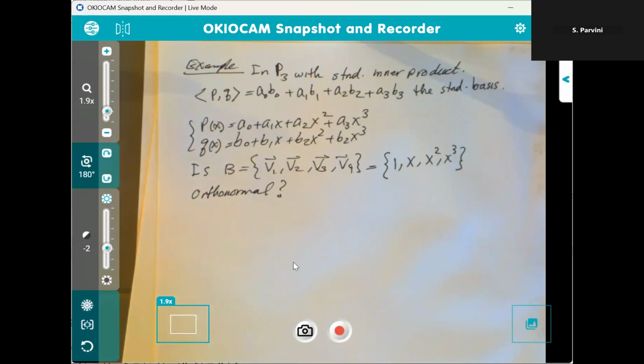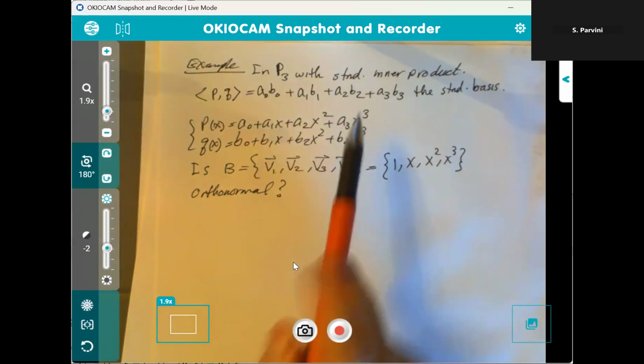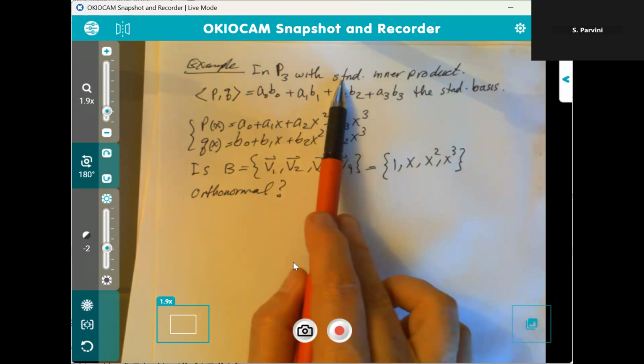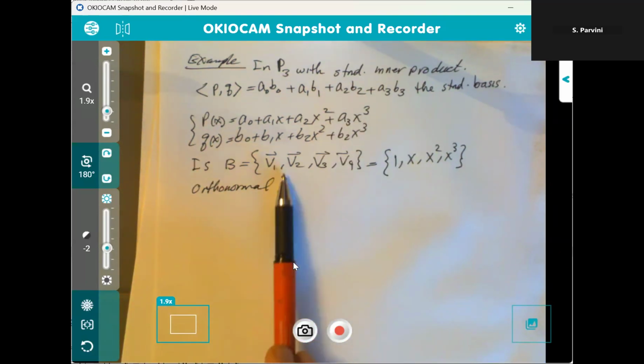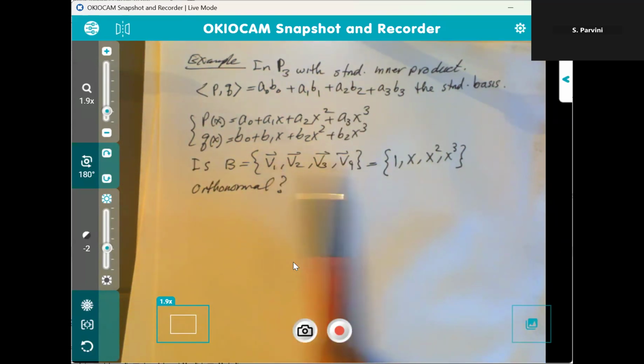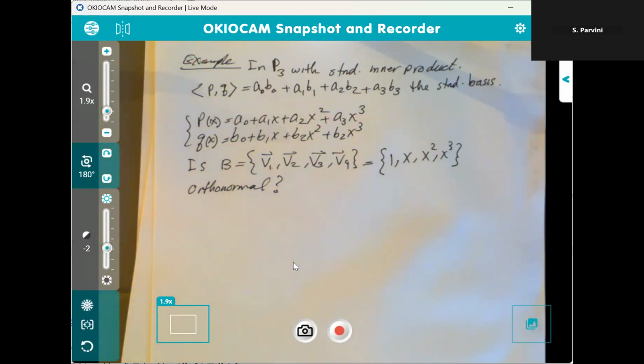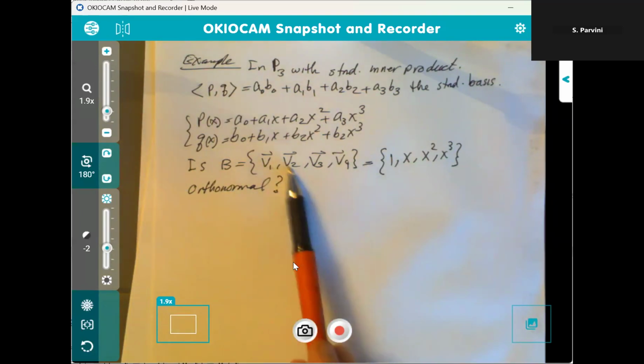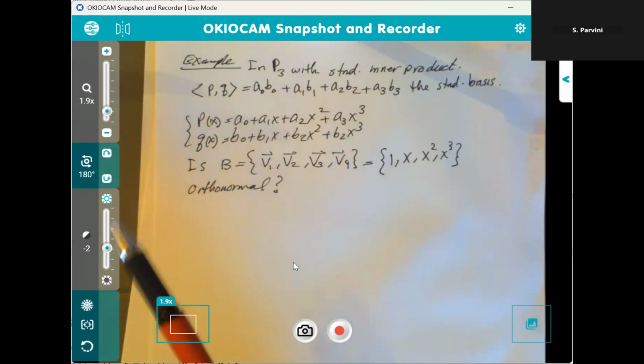That means all the inner products, in this case the dot product because these are Euclidean, the pairwise dot products, every one of those must be 0. And the length of each of these vectors has to be 1.